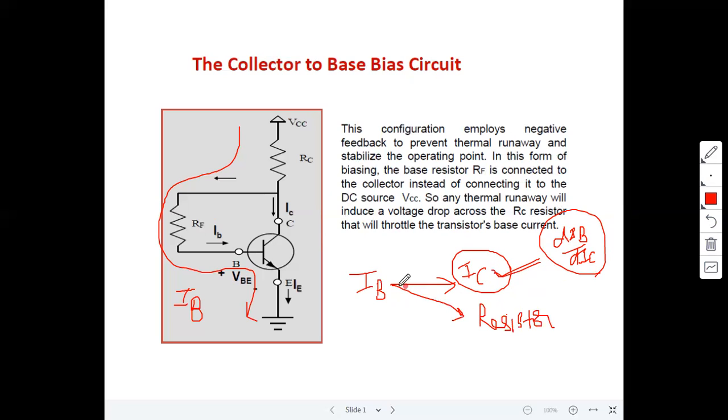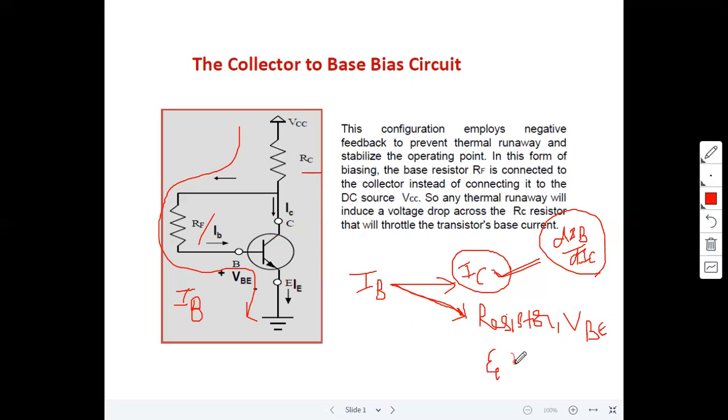Now, to find the Q point, we may express the IB current in terms of resistors, RC, RB, and some bias voltages like VBE, and DC sources.